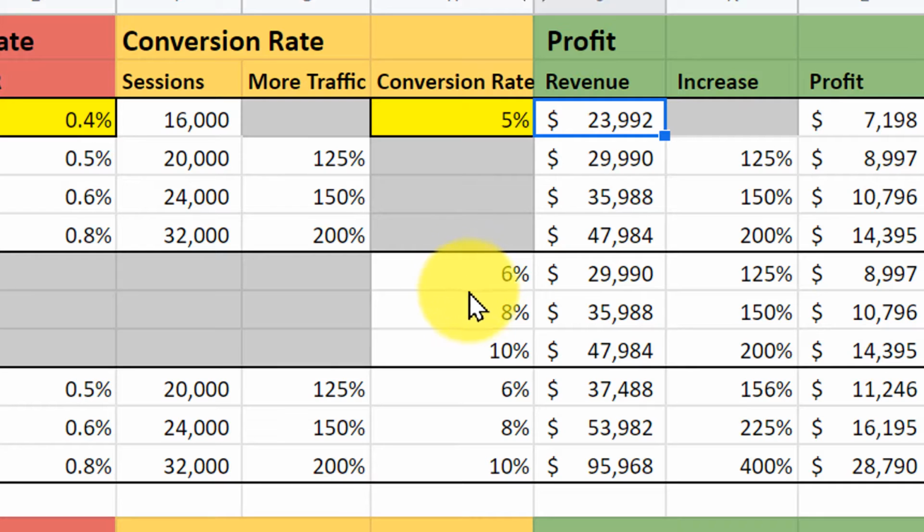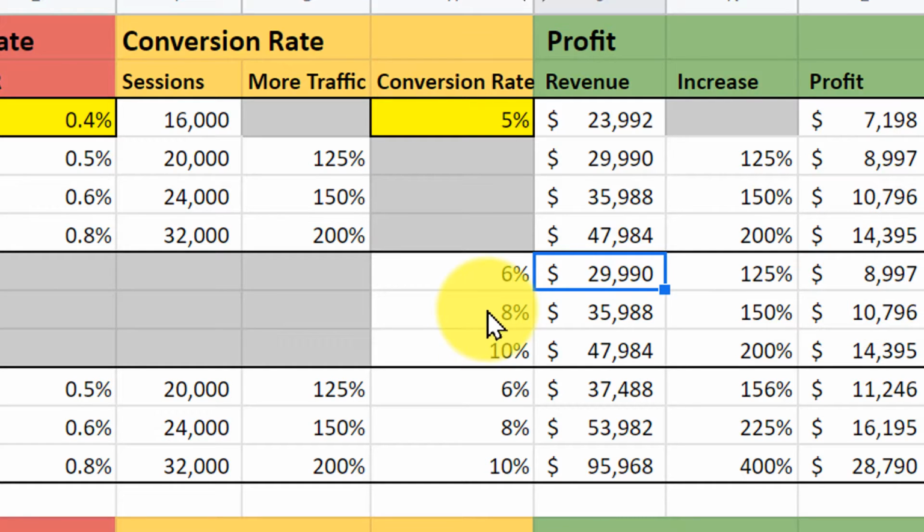And then look what happens when we increase the conversion rate by just 1%. The revenue goes from 24,000 to 30,000. Our profit goes from 7,000 to 9,000. That's with a 1% conversion rate increase. Everything else the same. 4 million impressions, 16,000 sessions, 1% conversion rate increase, and we're getting an extra almost $2,000 in profit.